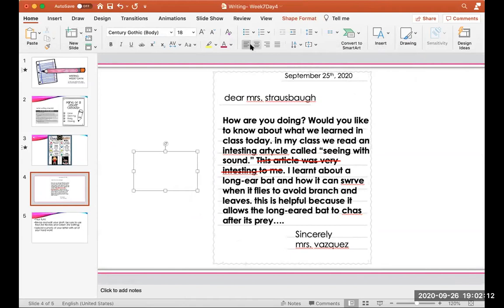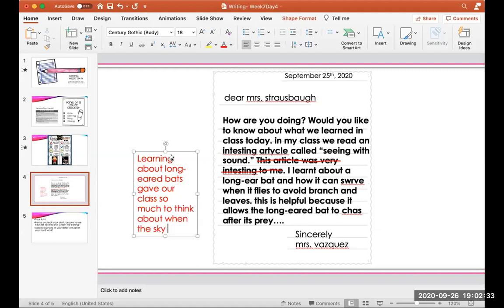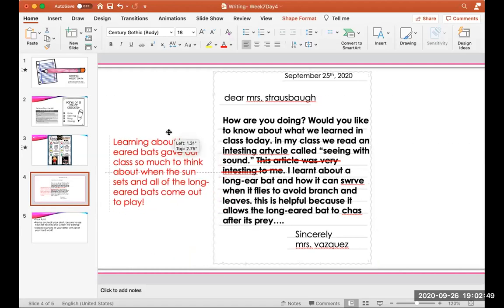So I'm going to say, learning about long-eared bats gave our class so much to think about when the sun sets and all of the long-eared bats come out to play. Because I think that is so much more interesting than just saying it's interesting.